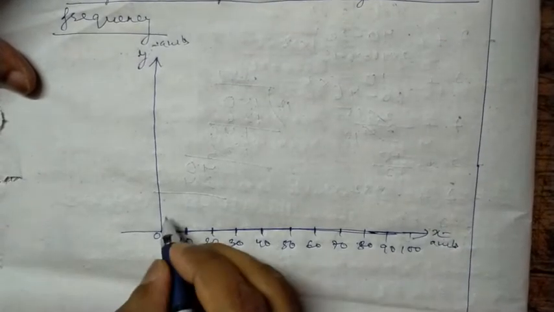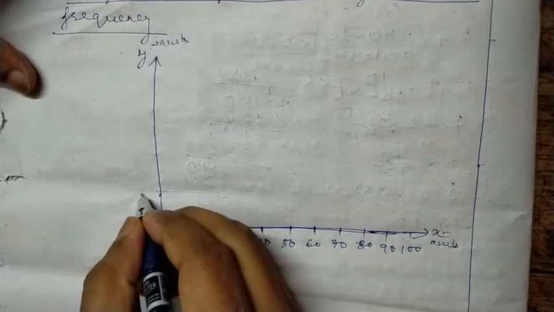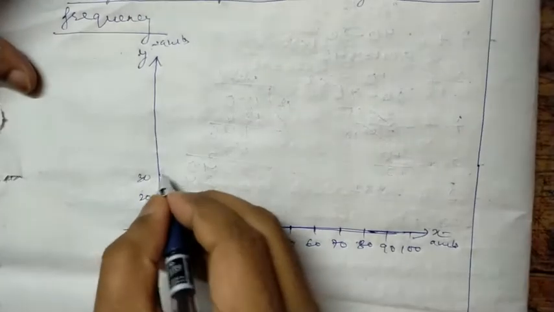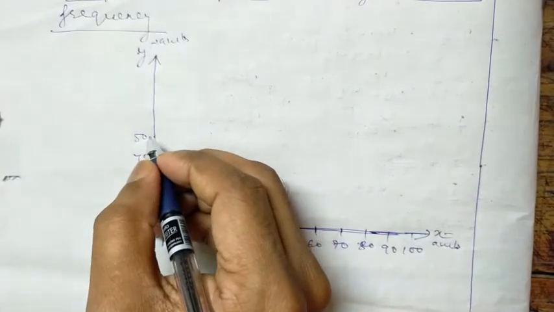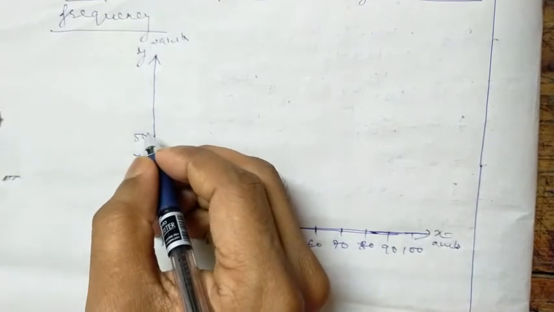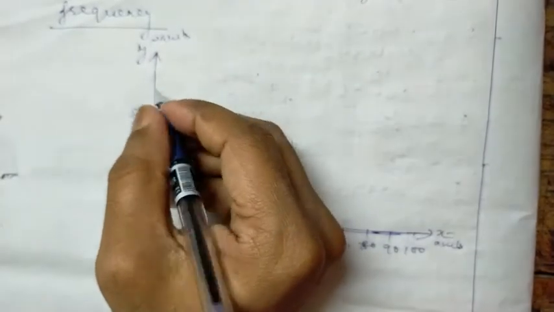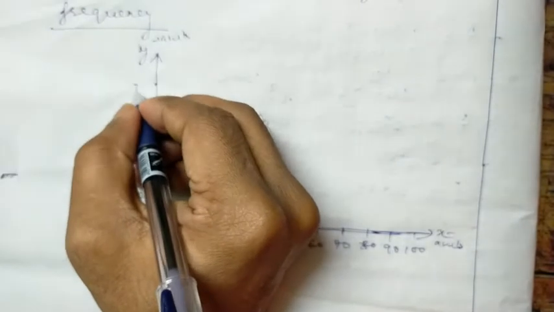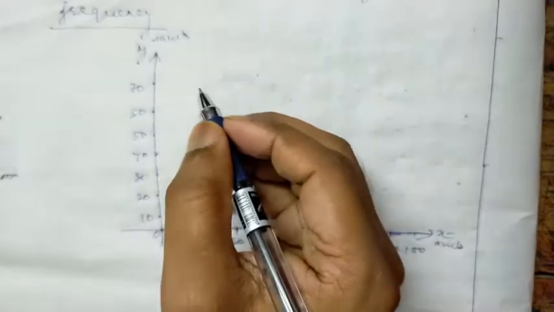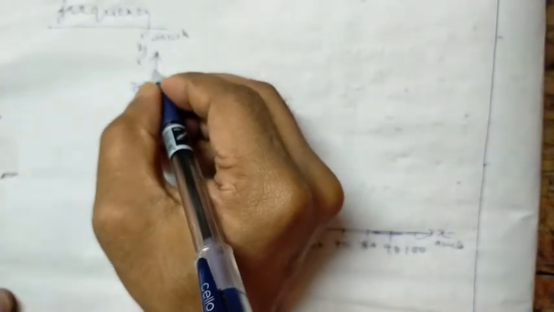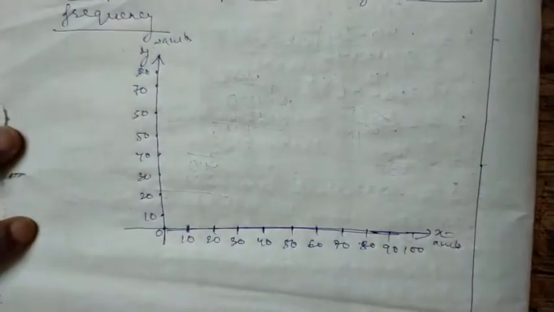And in the y-axis, I can take 10, 20, 30, 40, 50, 60, 70, 80.